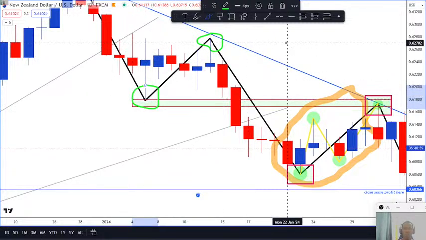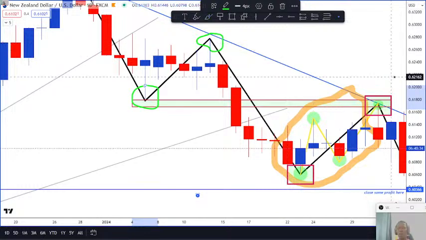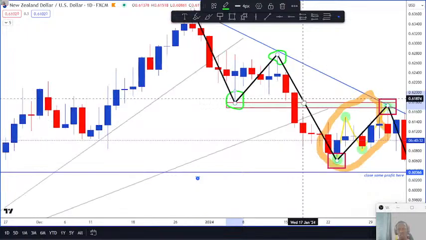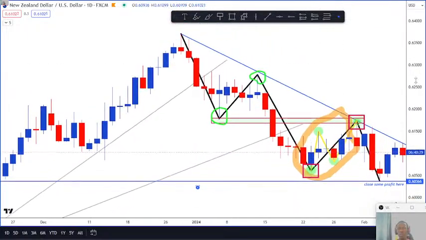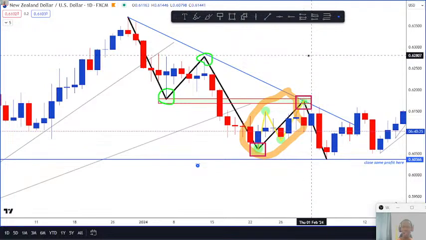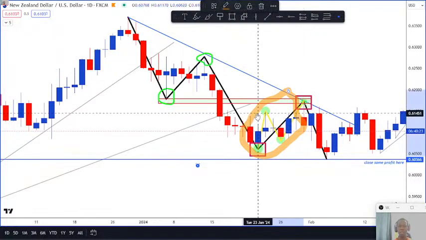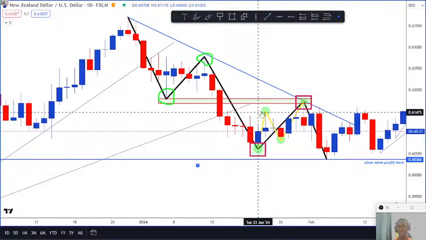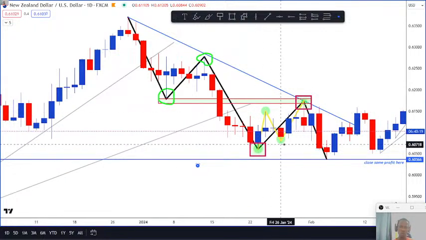Now, what is the real major reason why? It is because when we are looking at market structure, the market structure has a borderline where the market is going to retrace at that area. For example, that is what we are looking at right here.